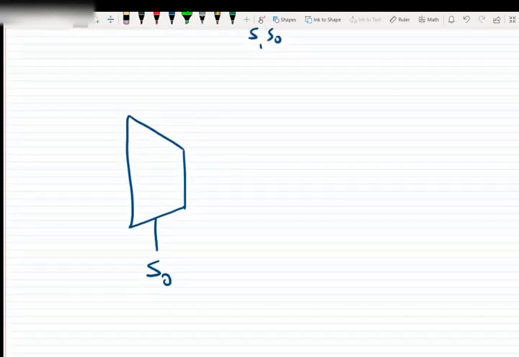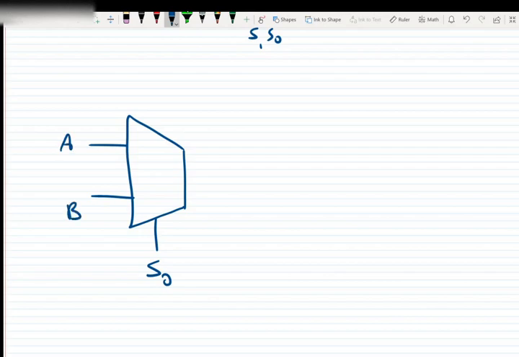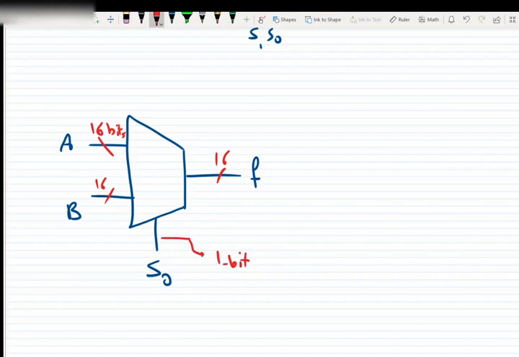So if we have 2 inputs, of course we need one control select. Let's say we have data A and data B, and we have the output. And I would say that the size of each data is 16 bits. But S1 still is 1 bit because it's just a select control.